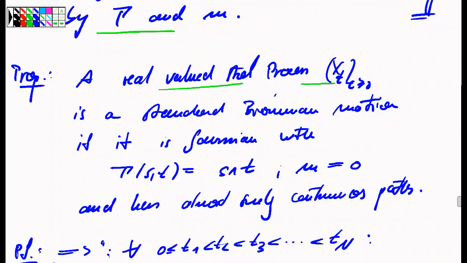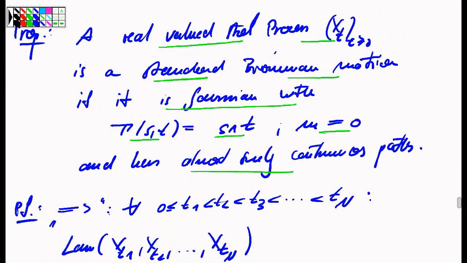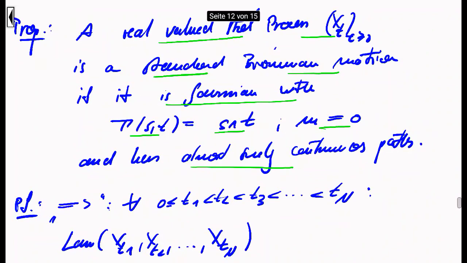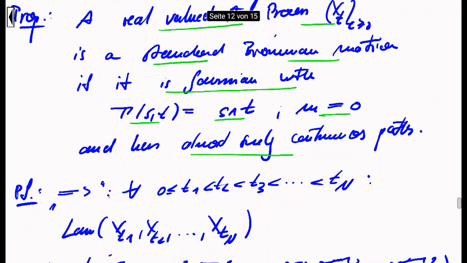A real-valued stochastic process which has the full non-negative real line as time parameter set is a standard Brownian motion if and only if it is a Gaussian process with the covariance function gamma(s,t), which is defined as the infimum of s and t, with an expected value function which is 0, and if that process has almost surely continuous paths. This is an equivalent description of what it means for a process to be a Brownian motion.